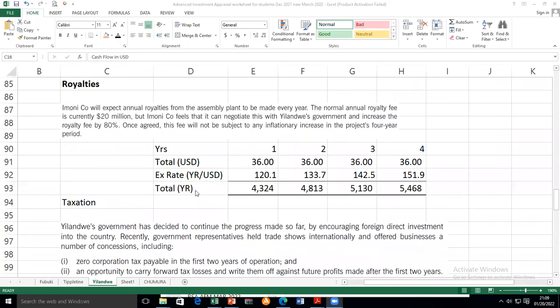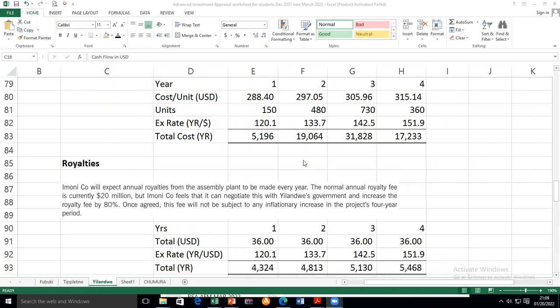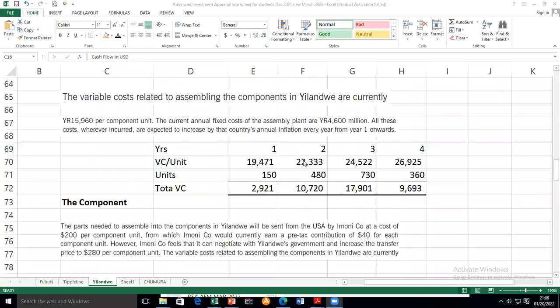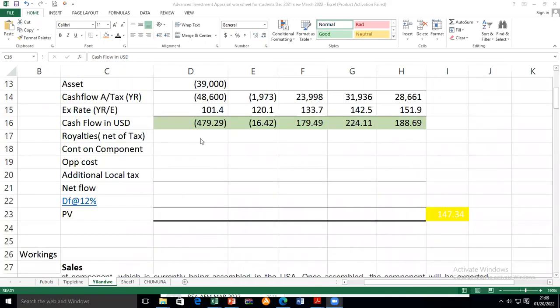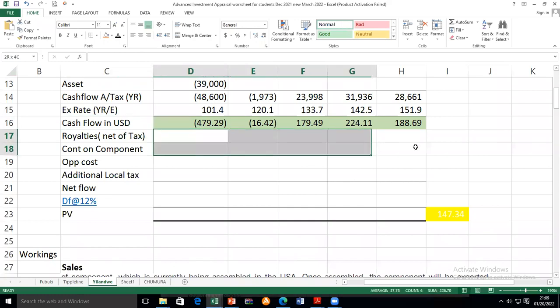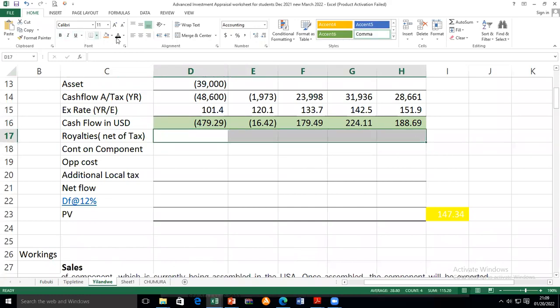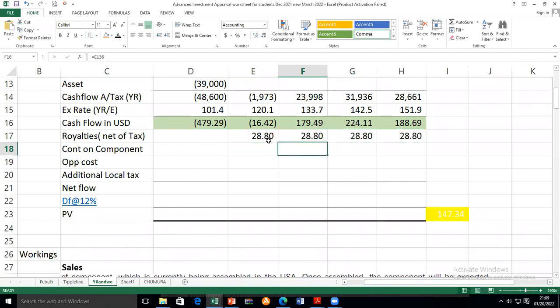So let us look at these benefits. These benefits were here, 36, 36, 36. These benefits were taxed. So let's look at them. They're here. So these were taxed at 20%.